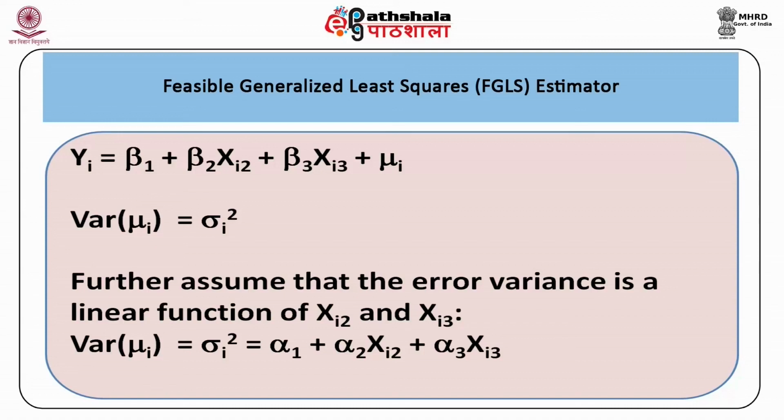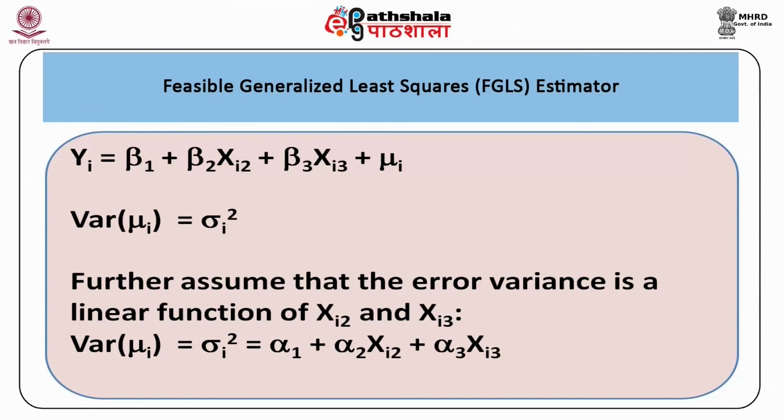Then use the estimates of alpha 1, alpha 2, and alpha 3 in order to calculate the predicted values of sigma t squared hat. This gives an estimate of the error variance for each observation. Since we cannot have negative variance, any predicted value that is non-positive must be replaced with the squared residual for that observation.